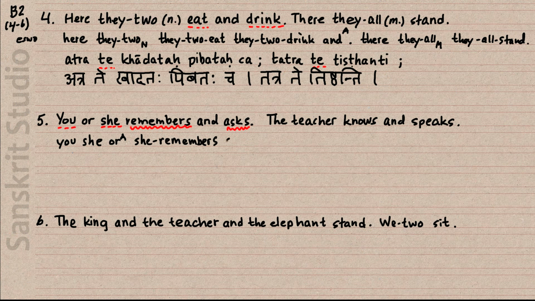Then she remembers, she asks, and we only have one "and", so it's syntax A. Good, and we're grouping the teacher.